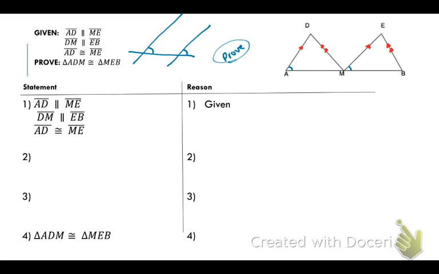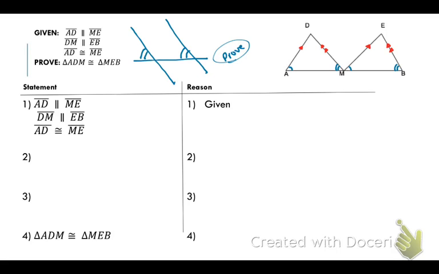Another thing they've told me is that side DM is parallel to side EB. And because those two sides are parallel, I can say that angle B is congruent to angle DMA. Again, because they are corresponding angles. And also, do this if you need to.